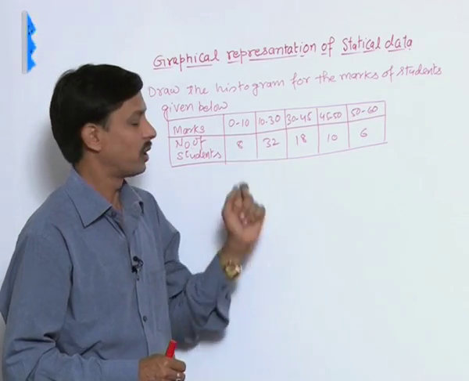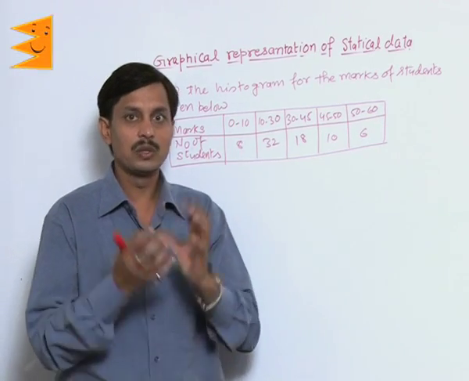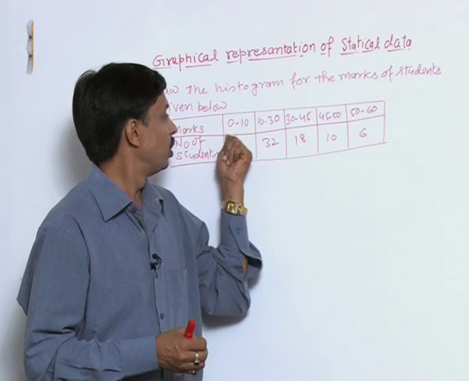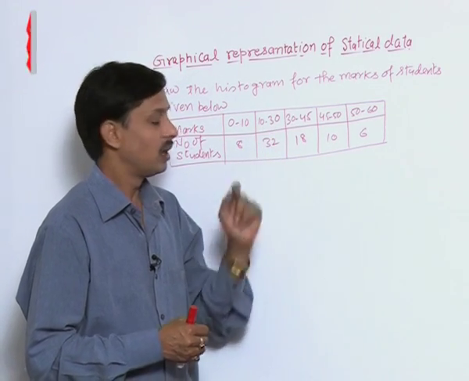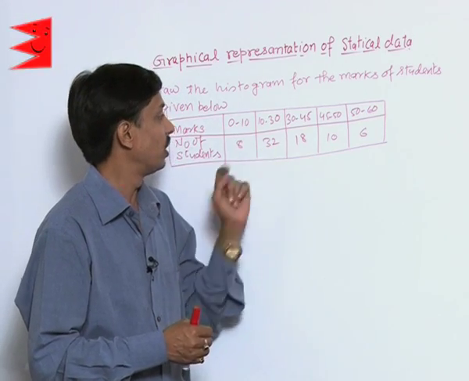Marks are 0 to 10, and the number of students scoring 0 to 10 is 8. 10 to 30, the number of students is 32.